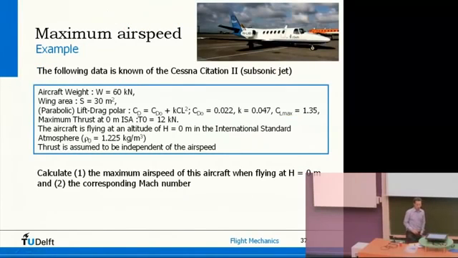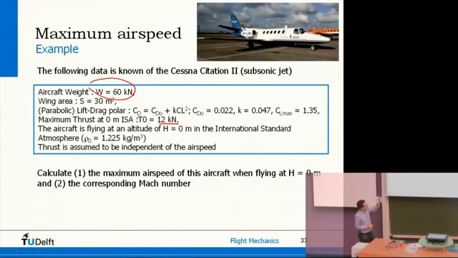So let's just take this aircraft, the aircraft of the faculty. And let's see what is in fact the maximum airspeed when it's flying at sea level at a certain aircraft weight, when it's fully loaded with passengers and so on. Now this aircraft can generate 12 kilonewtons of thrust, so that's both engines combined.